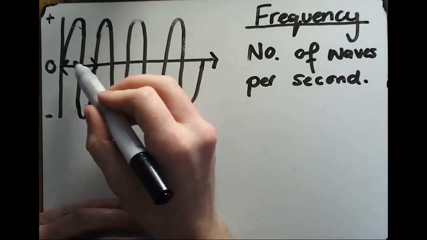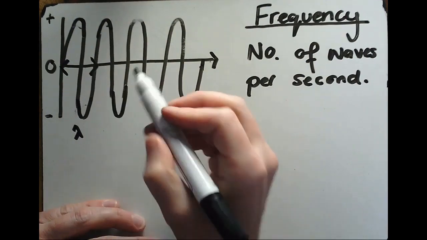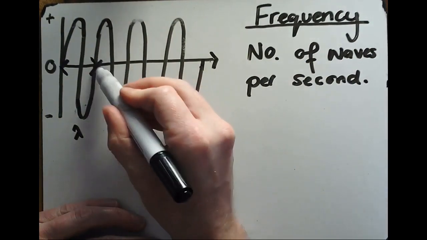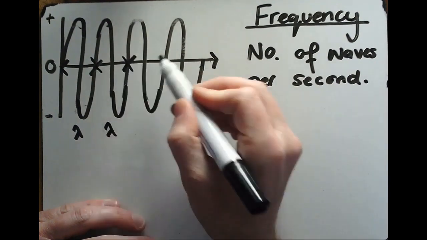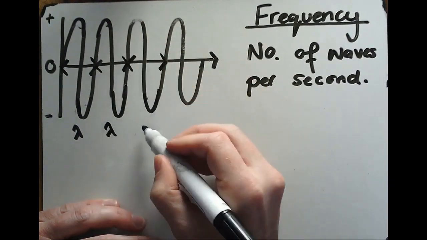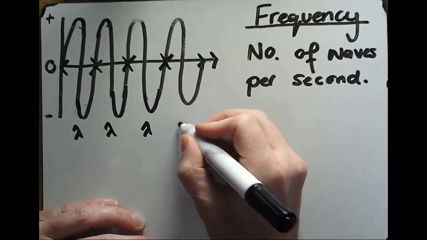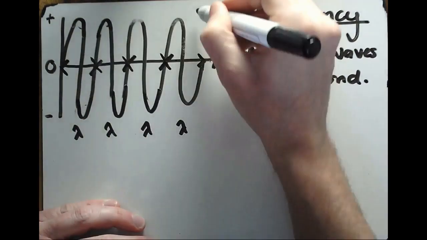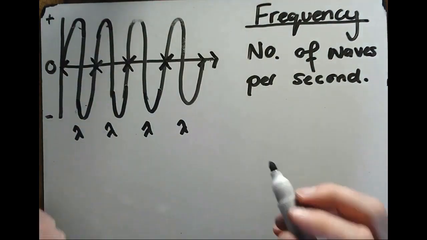So we've got one wavelength. Then we start again here and go to there, so that's two; here to here is three; and here to here is four. So this wave shows 4 full wave cycles, 4 wavelengths.